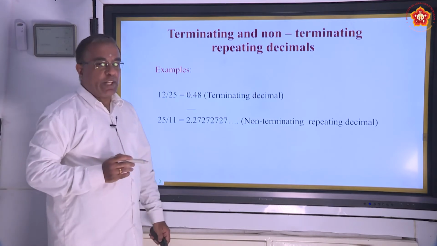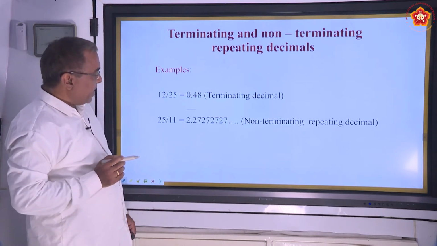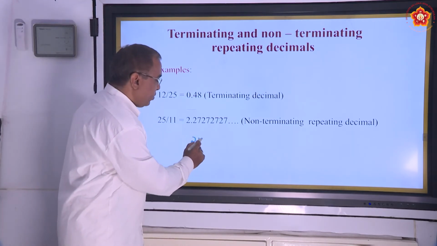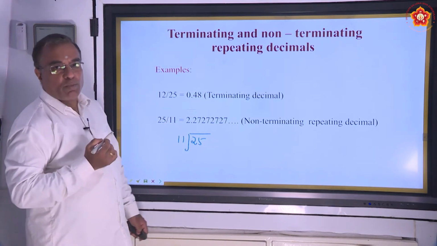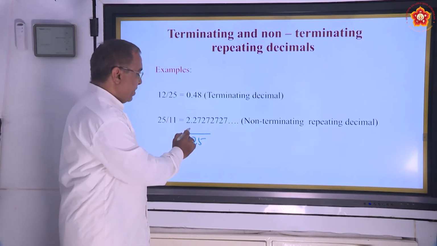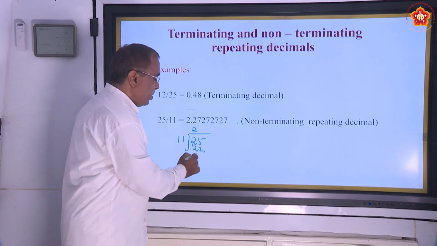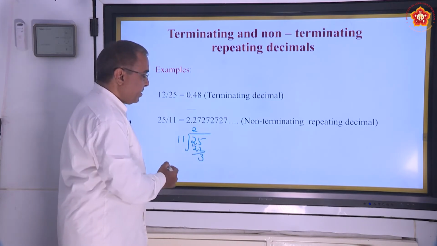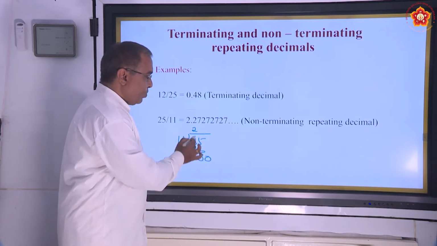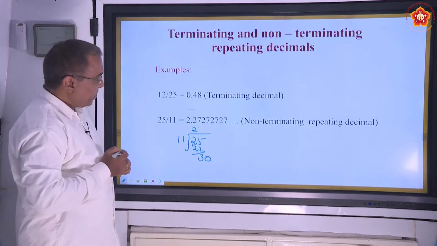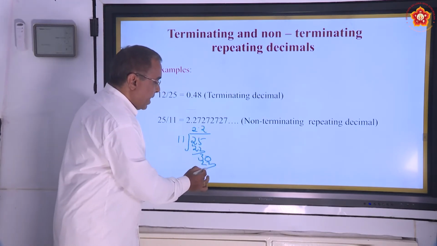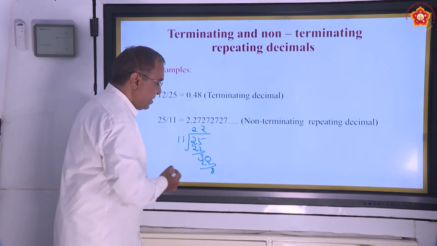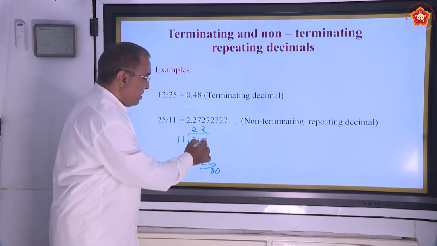Now look at this example, 25 by 11. Again by long division you know how to do it. Just for your understanding I am working it out. 25 by 11, 2 11s are 22, balance will be 3. Now we will take one 0 and put a decimal point. So, 11 into how many times? 2 times 22, balance will be 8, one more 0 we will take.